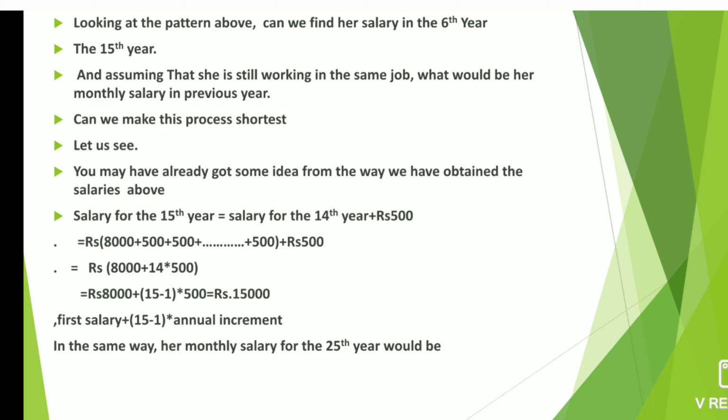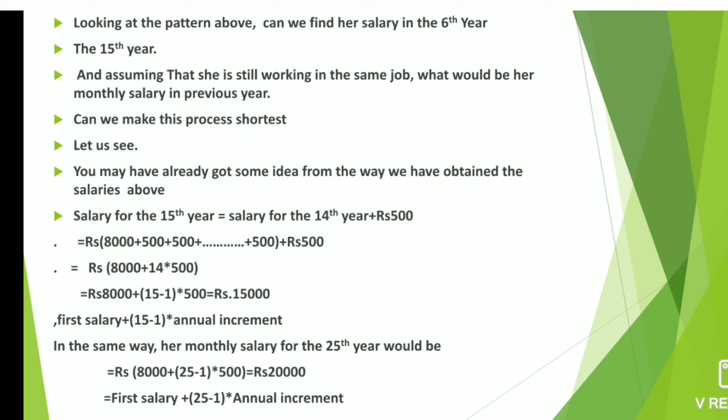In the same way, her monthly salary for the 25th year would be 8,000 plus 25 minus 1 into 500, which is equal to 20,000. So we can also find her salary if she continues in the job. We can find the 30th year or 33rd year also. Like this we can find.